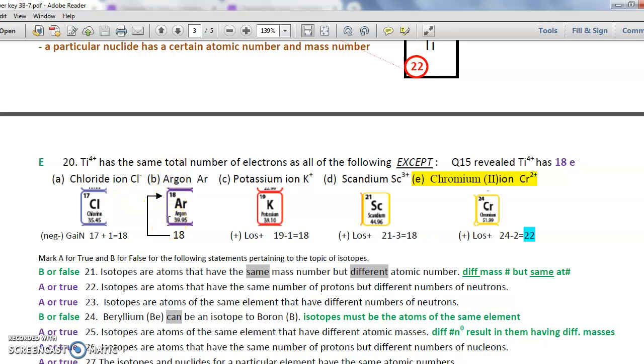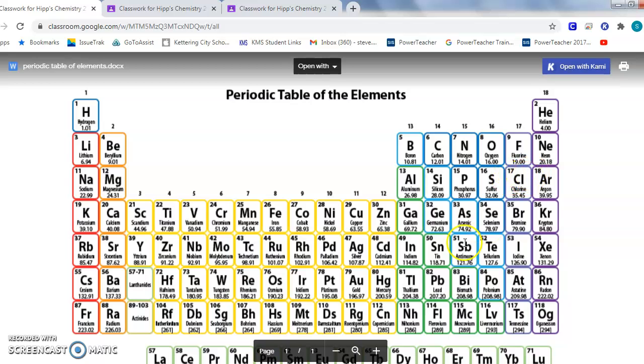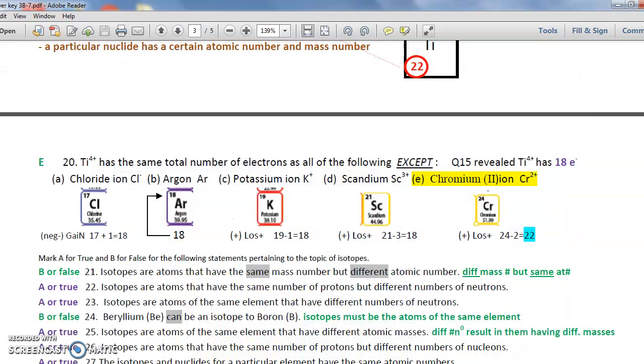What about argon? Well, we already know argon has 18 electrons because of its atomic number. That is not an ion. That is an atom. Argon starts with 18. What about potassium ion, K+? Potassium starts with 19 protons, so it has 19 electrons. If it's plus, it lost a negative. That's leaving it with one positive particle, one more proton than a negative particle, the electrons.